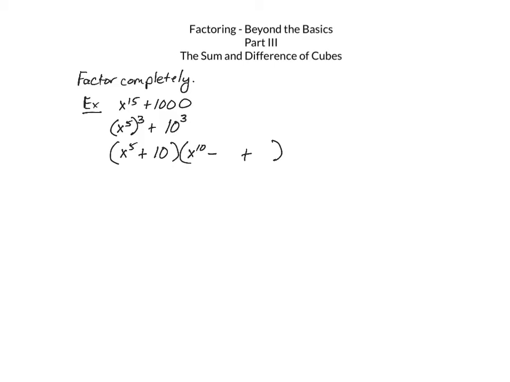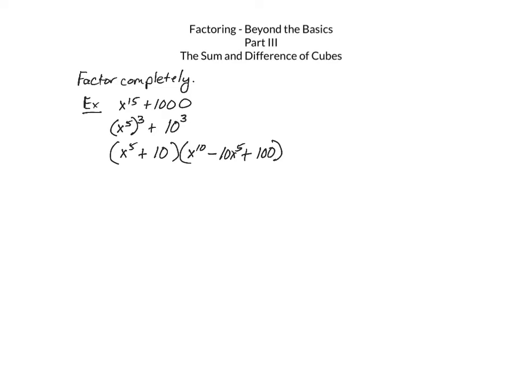The middle, I take the product of 10 and x to the 5th. And in the last term of the trinomial, I take the 10 and square it. So that gives me 100. If you peek at this trinomial, you will see that it is prime. So I have completed the problem. We don't need to continue further.